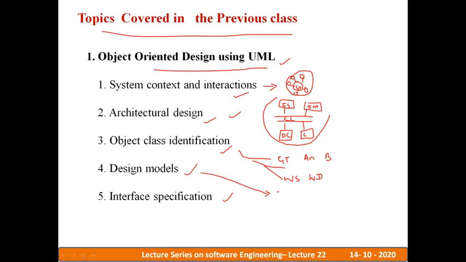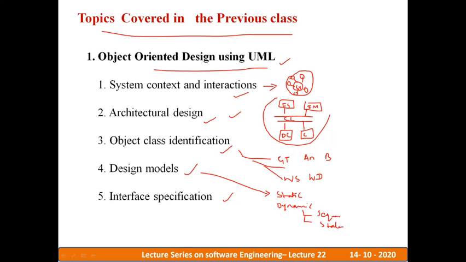You may go for the static model or the structural model, or the dynamic model. In the dynamic model, you may be having the sequence model or the state models.